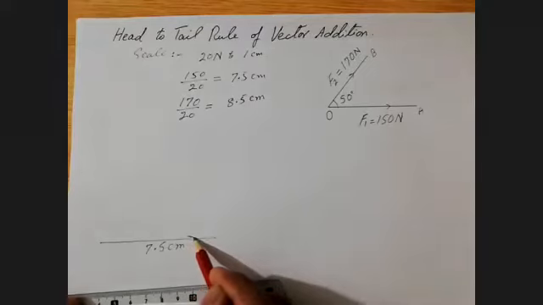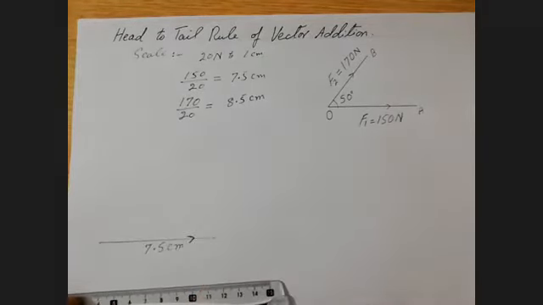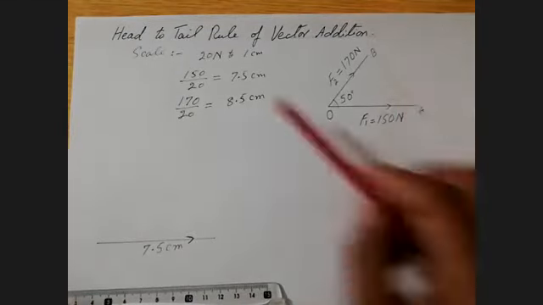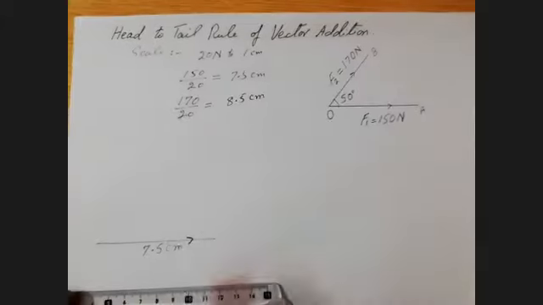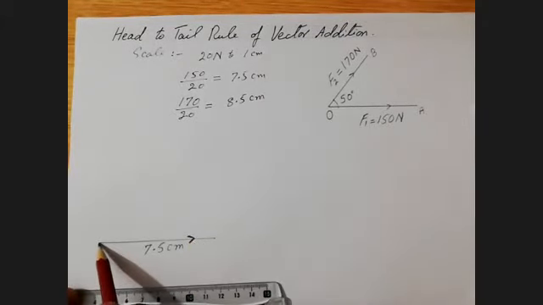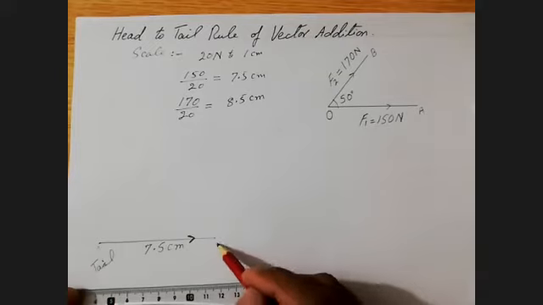As I told you, it is very important to mention the arrow to show the direction. Now here you can see that according to the head to tail rule, this is the tail of the vector, and this is the head of the vector.